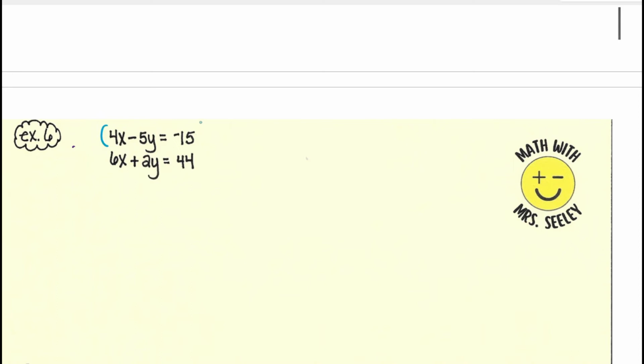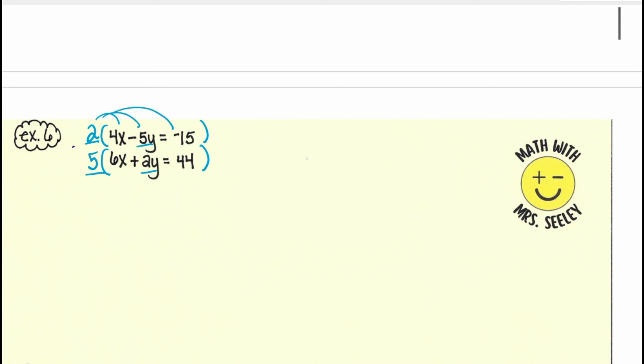So if I eliminate the y's, if I got a 5 in the top equation, I'll put a 5 in the bottom equation. If I have a 2 in the bottom equation, I'll put a 2 up there to the top. That way, I know I'm going to have 2 times 5 to be a 10 and 5 times 2 to be a 10 with a negative and a positive, so they'll eliminate.